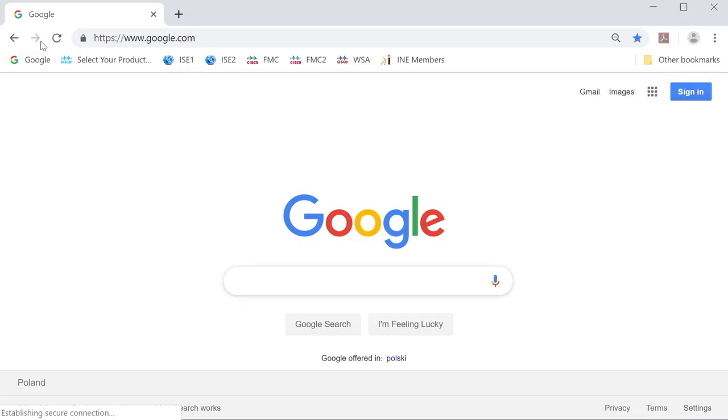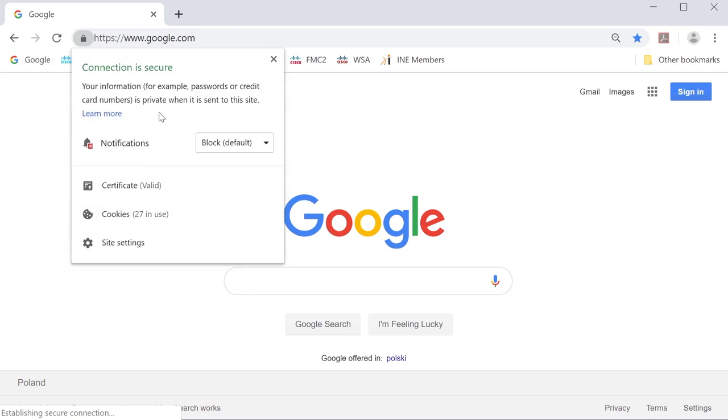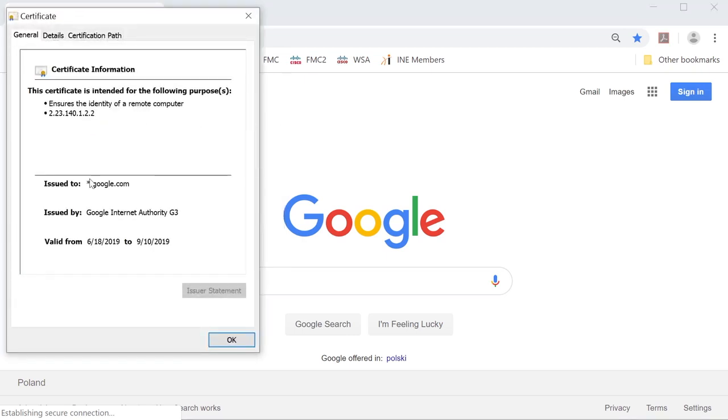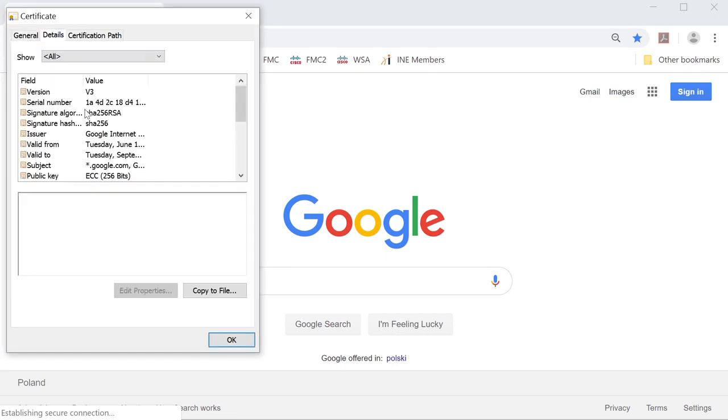If we take a look at Google's certificate, we see that it is issued to something at google.com. So this is an example of a wildcard certificate, which means that there can be multiple sites that use this certificate. If we take a look at the subject, again, it's pretty much anything at google.com.